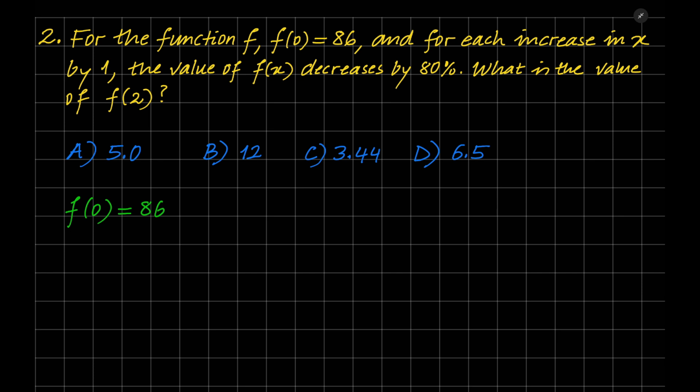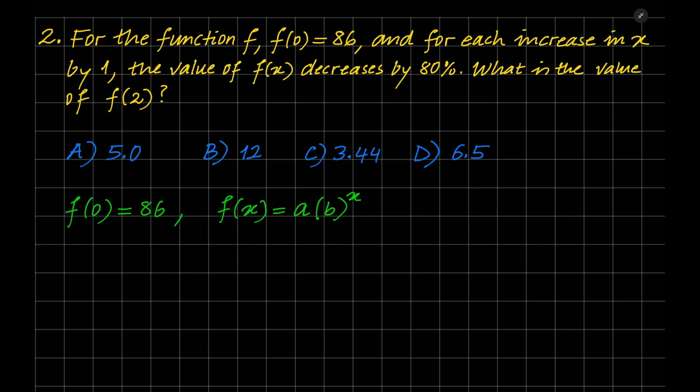Because the output of the function decreases by a constant percentage for each 1 unit increase in the value of x, this relationship can be represented by an exponential function of the form f of x equal to a times b to the power of x, where a represents the initial value of the function and b represents the rate of decay, expressed as a decimal.